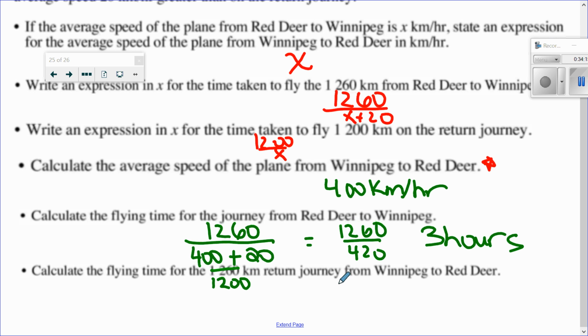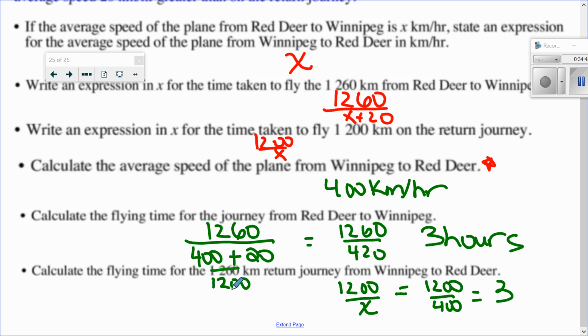So if I do 1,200 divided by x, which is 400, that would be 3 hours. But I have to go an extra 60 kilometers. The time that it flew, because it says it flew 1,200 in the same time, so I have to go an extra 60 kilometers.